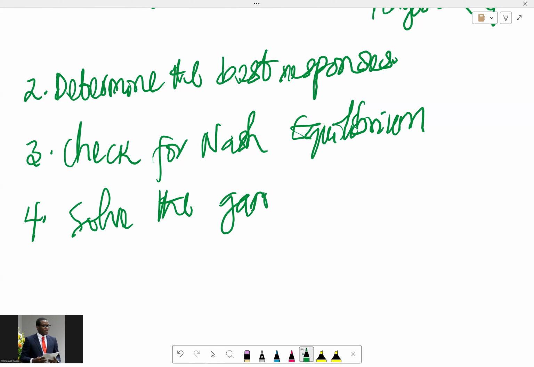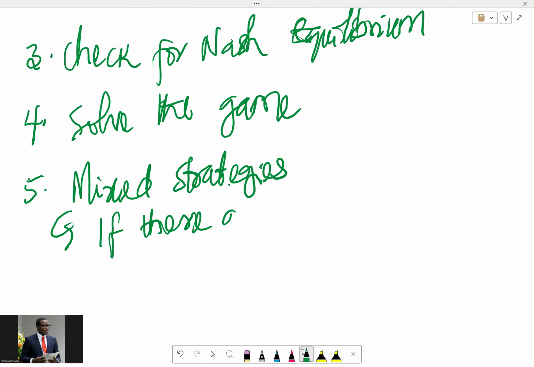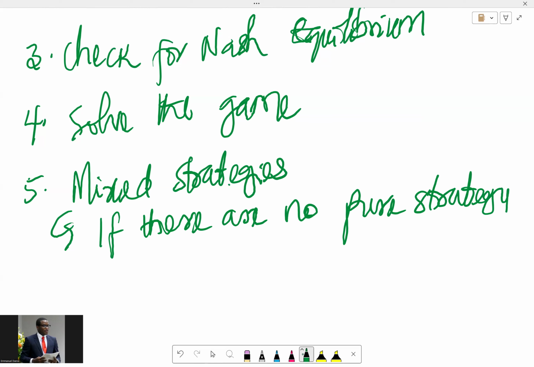So after solving the game, it's possible that you may get pure strategy Nash equilibrium. If you don't get pure strategy Nash equilibrium, you may consider mixed strategies. So if there are no pure strategy Nash equilibria, okay, that's one point.